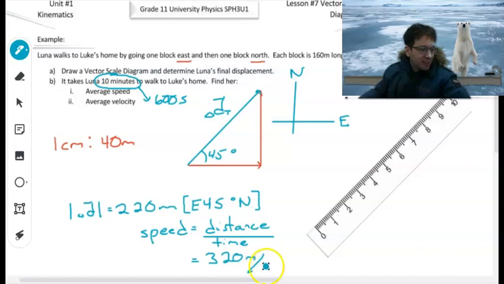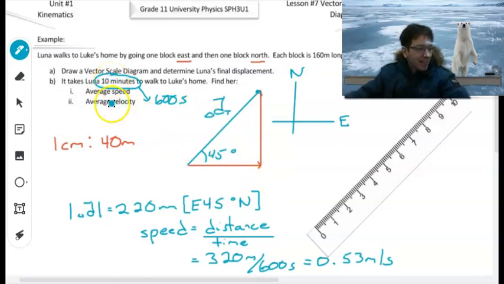Running out of space, so let's do this, divided by 600 seconds, which gives us an average speed of 0.53 meters per second. And I'm just rounding to 2 significant digits because that's what we have here.